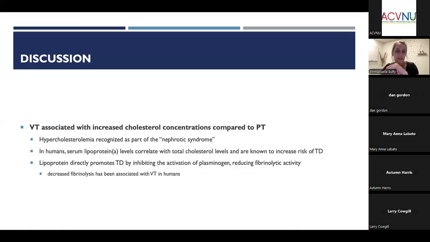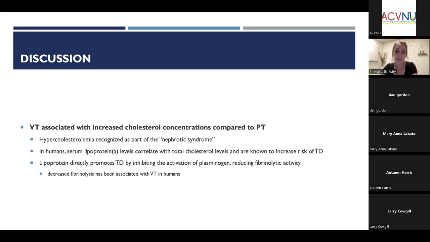And the last thing that they talk about is the fact that venous thrombi are associated with increased cholesterol compared to thrombi in the pulmonary circulation, talking about the hypercholesterolemia recognized as part of the nephrotic syndrome, and describing that in humans, serum lipoprotein levels correlate with total cholesterol level, and they are known to increase the risk of thromboembolic disease.